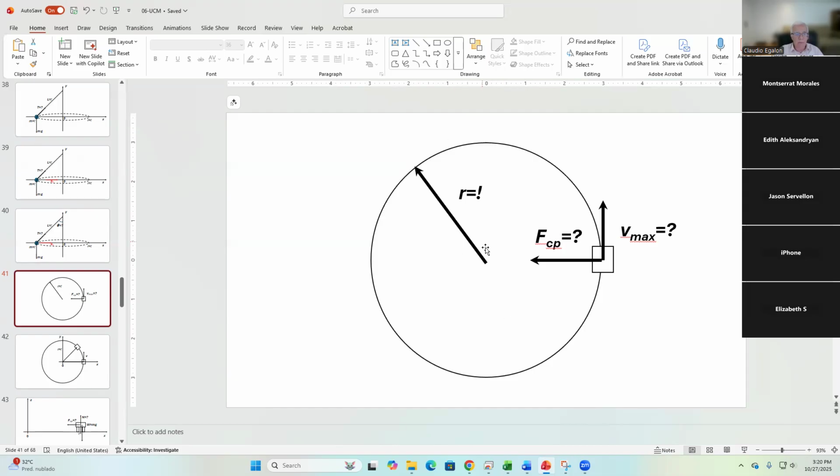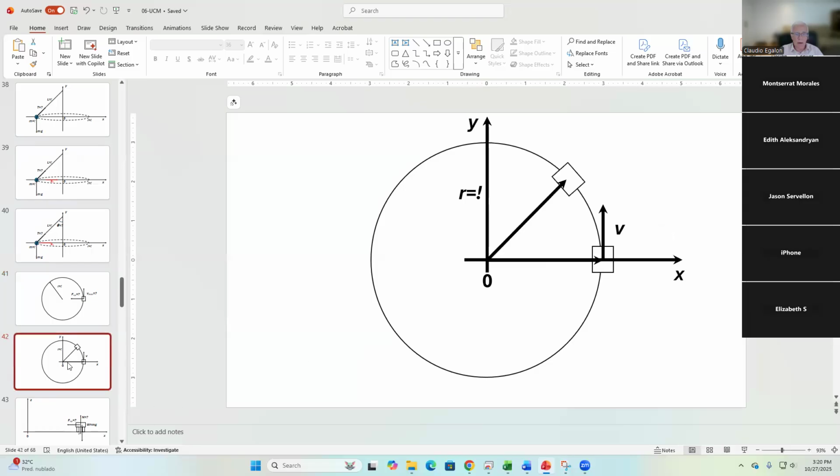You have the radius of the curve, the radius of the exit, and you want to make sure that you're not going to crash. The car is initially here, and later on it's here. Here's the velocity vector.